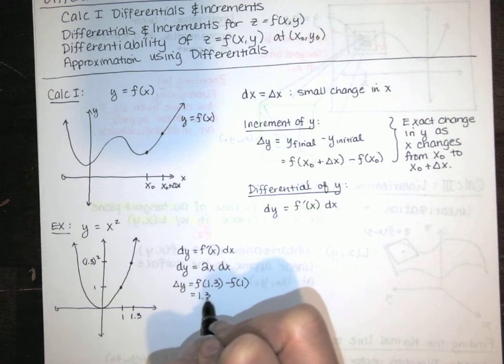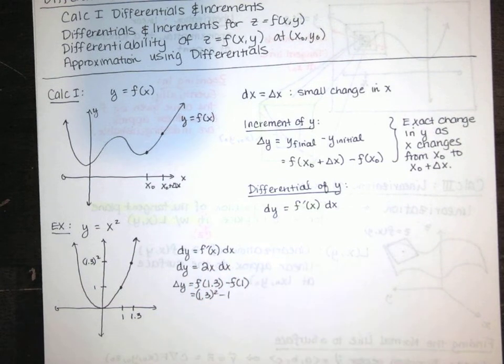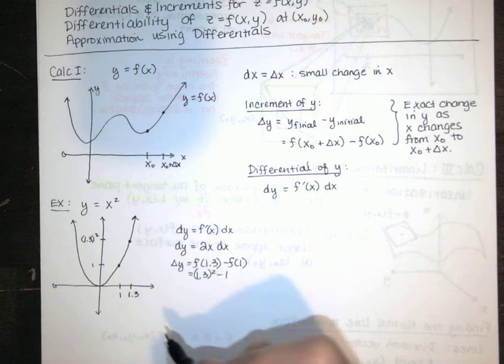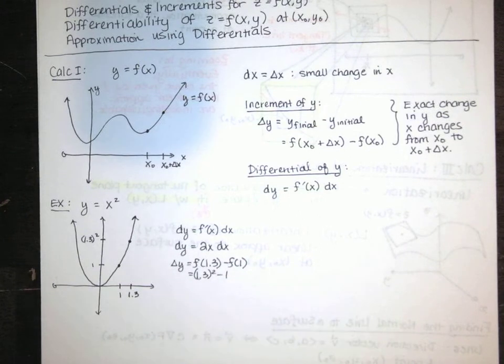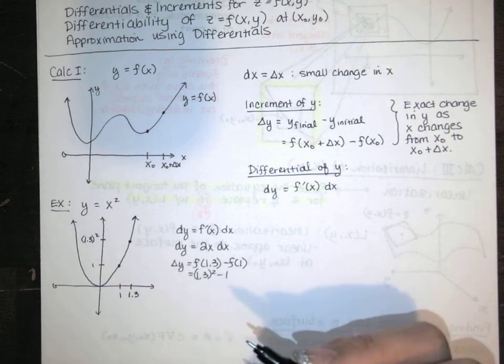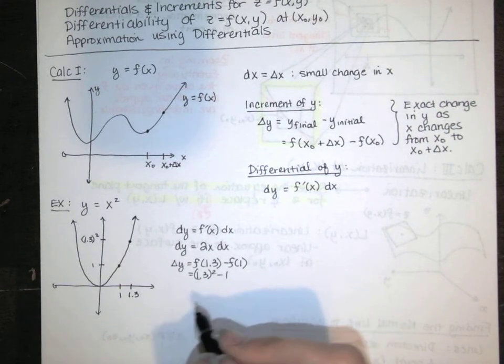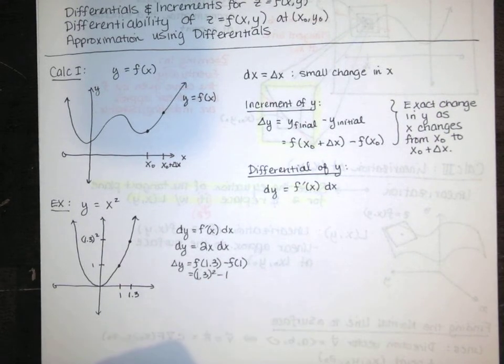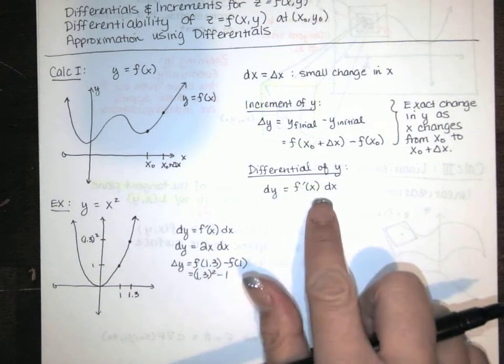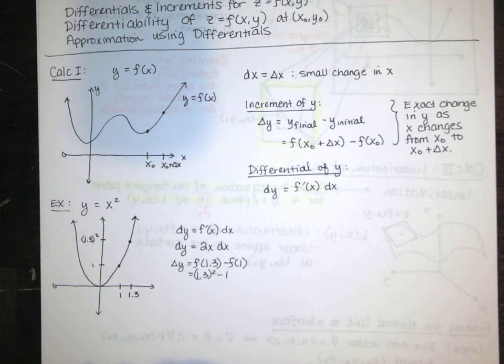So it'll be 1.3 squared minus 1. Guys with me? I hope you are. So that is the increment of y. The differential of y is just defined this way.